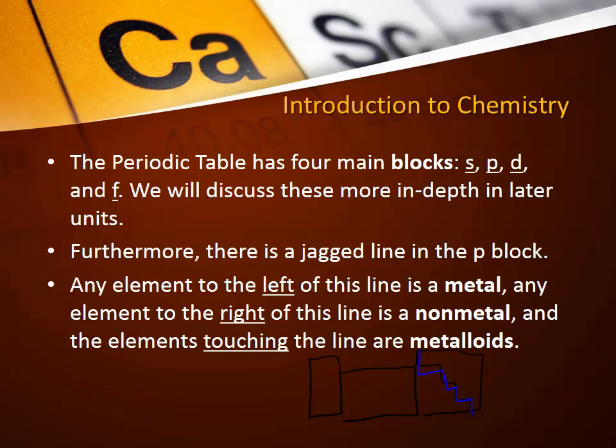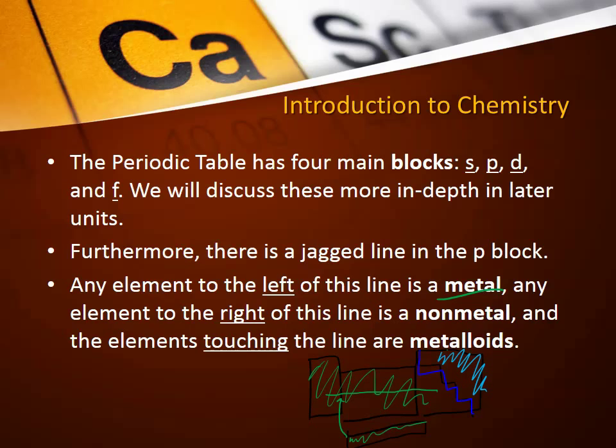So any element to the left of this, actually I will draw the F block because they're actually included. So any of these, and the F block, since it actually comes right from there, are called metals. Anything to the right of this is called a nonmetal.